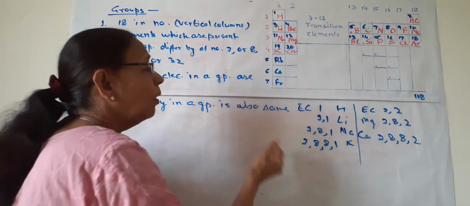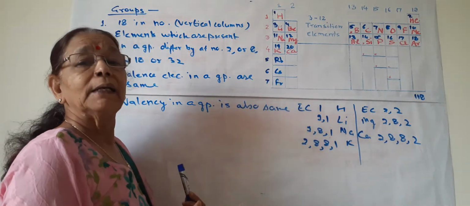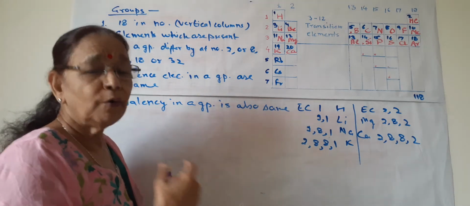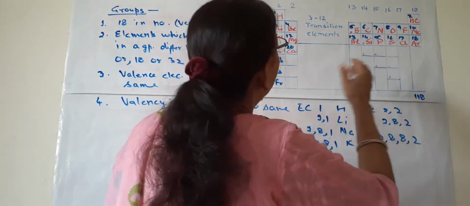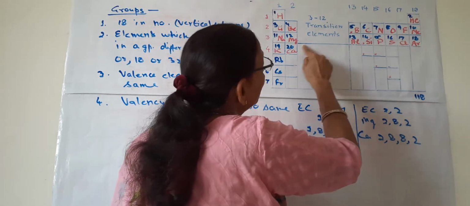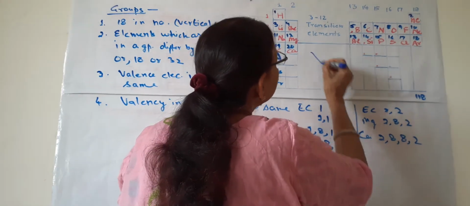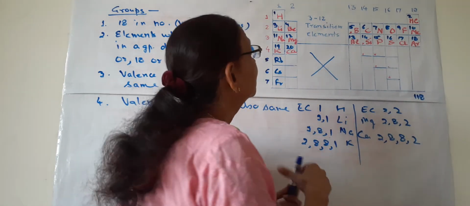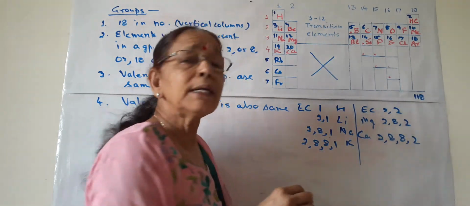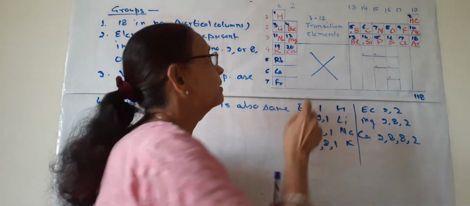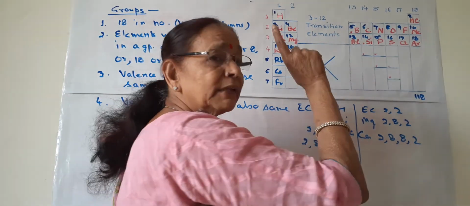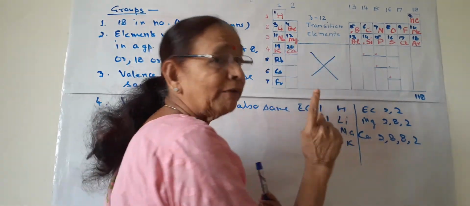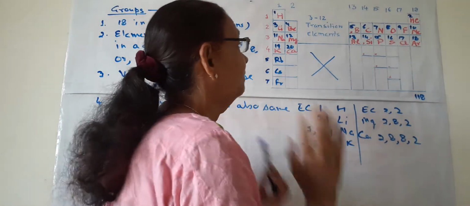So all have valence electron 1 and valency is also 1. As we go further, from group 3 to 12, these elements are known as transition elements, and they are not in our syllabus.